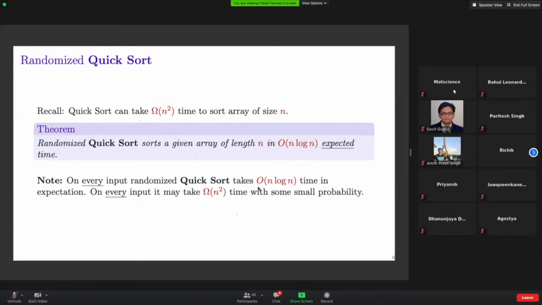So if you run a randomized quicksort algorithm many times on a particular input, even if it is fully sorted, in expectation it is going to run in order n log n time. In other words, no matter what kind of input you give, there is only a tiny probability that it may take order n square time.